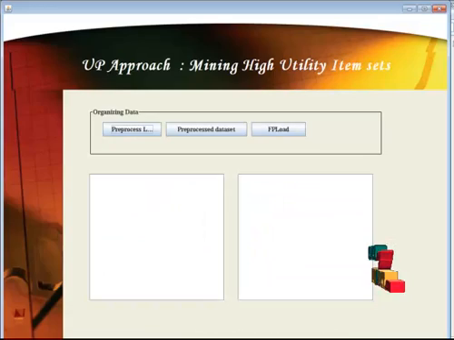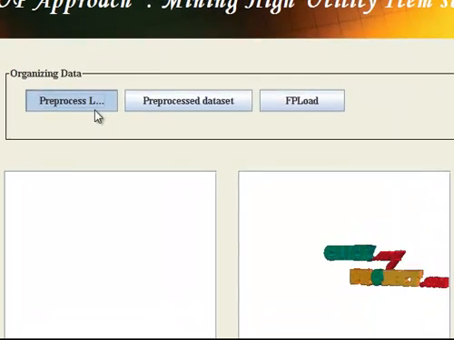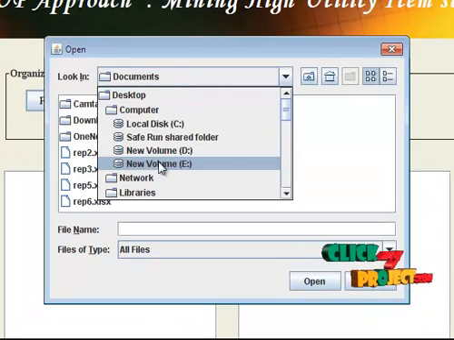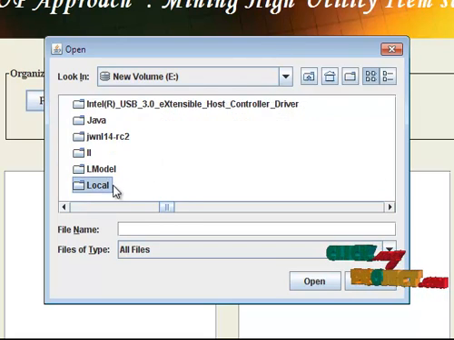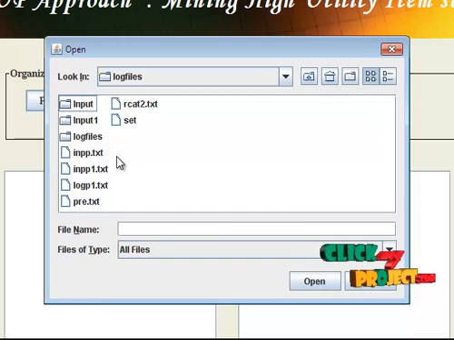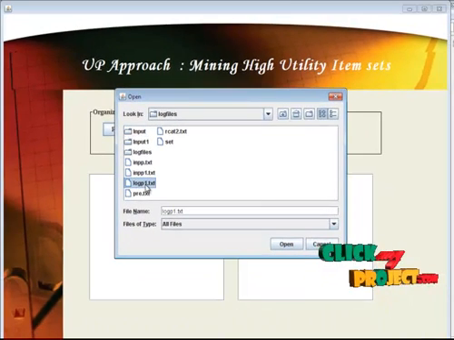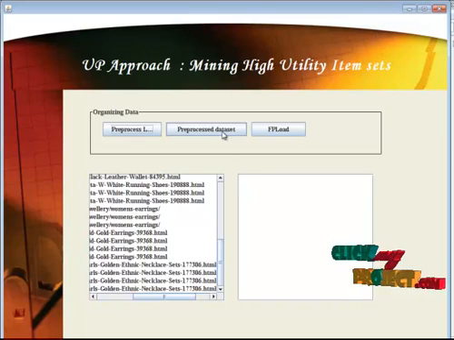Okay. After running this project, this is the first form. You need to click this log files, and you need to provide some files initially for estimating the profit. You only need to select this particular file for estimating the profit.